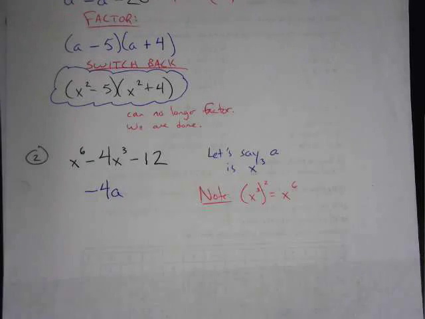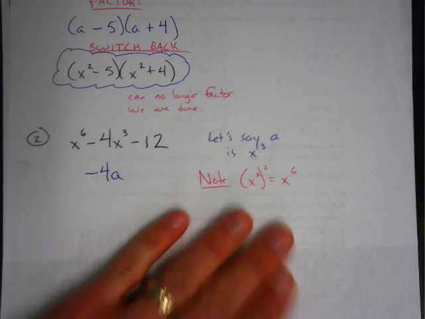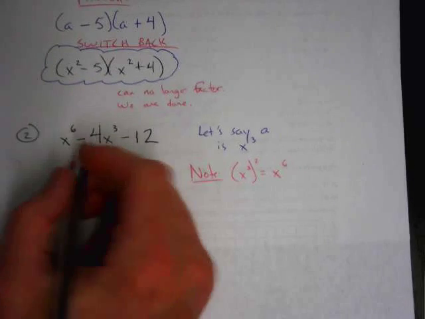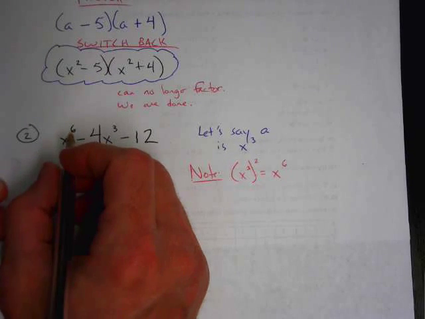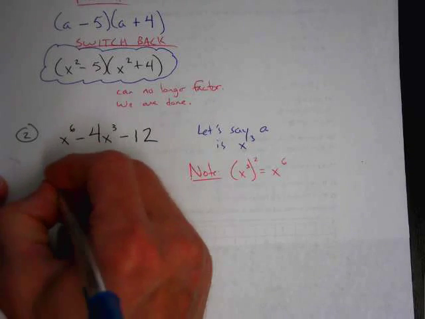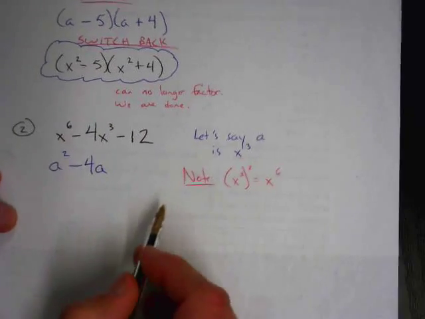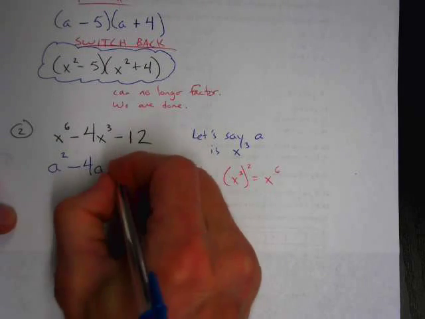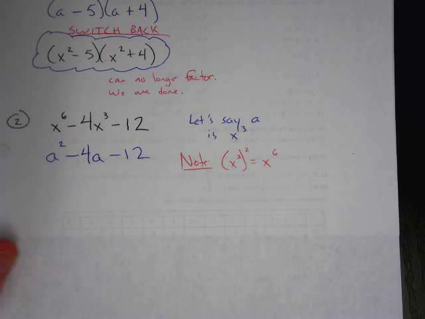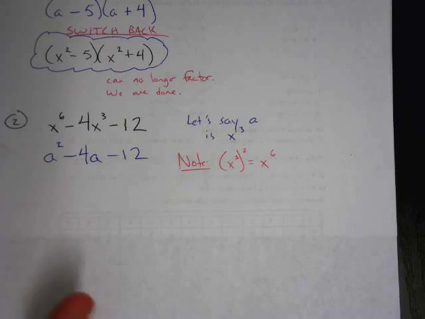So hopefully you do, because if you remember that, then it's clear to see, well then, this first term, instead of saying x to the 6th, is actually going to be a squared. Ta-da! So the first term is actually going to be a squared, and then we have a squared minus 4a minus 12. And we are set to factor because now we have a quadratic trinomial.